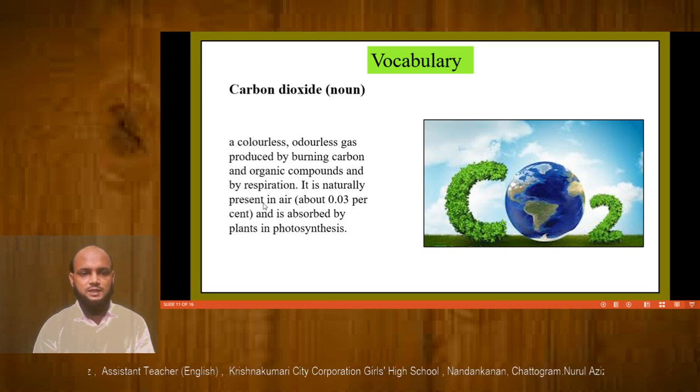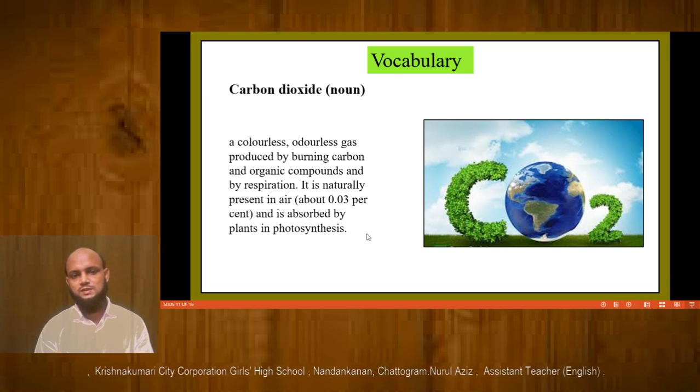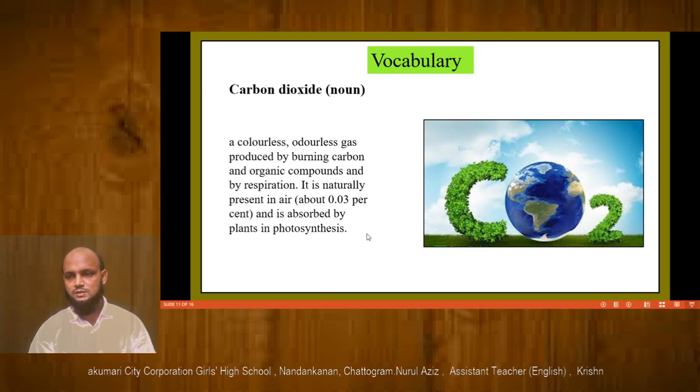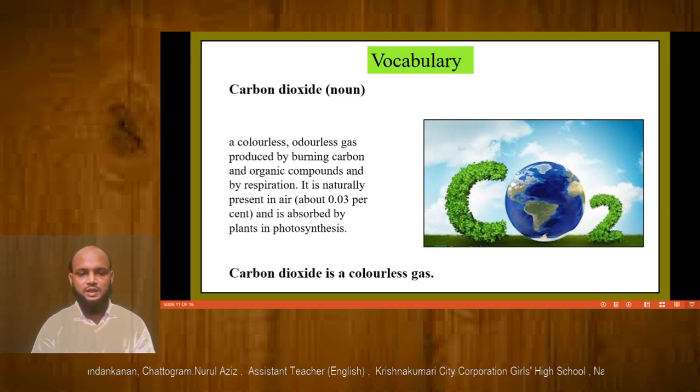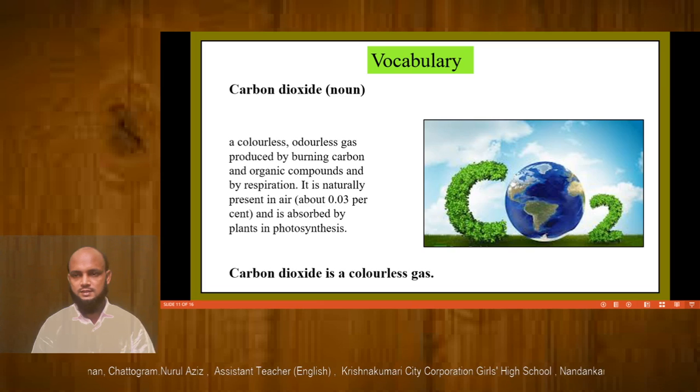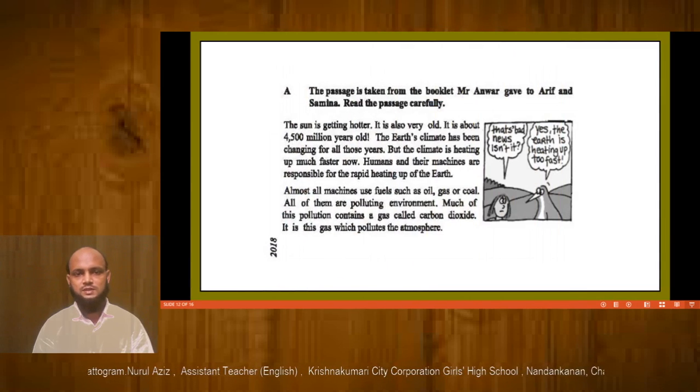It is naturally present in air, 0.03%, and is absorbed by plants in photosynthesis. Photosynthesis is a process through which plants produce their food, and carbon dioxide is a key food of plants. You can write: carbon dioxide is a colorless gas, and you can write your own sentence too.